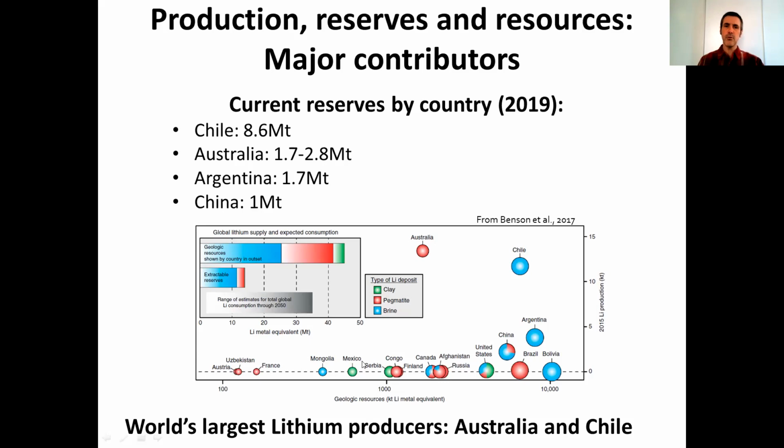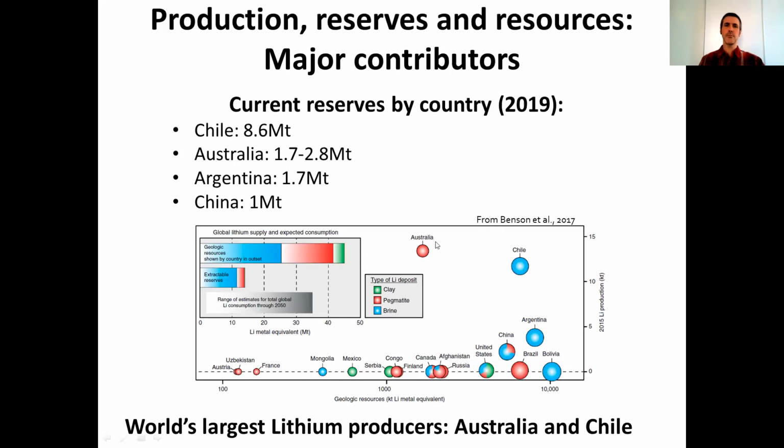More in detail, you can see in this diagram, we have here on the x-axis the resources in kilotons, and on the y-axis we have the production in kilotons as well. So the main producers, Australia and Chile, are clearly distinct from the other producers.